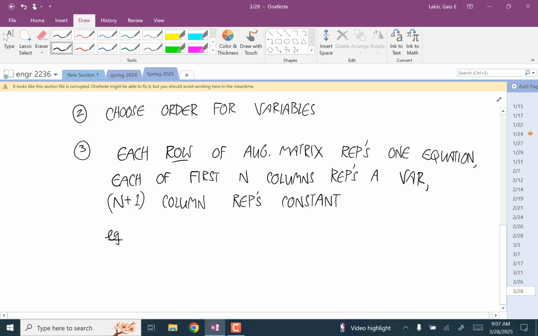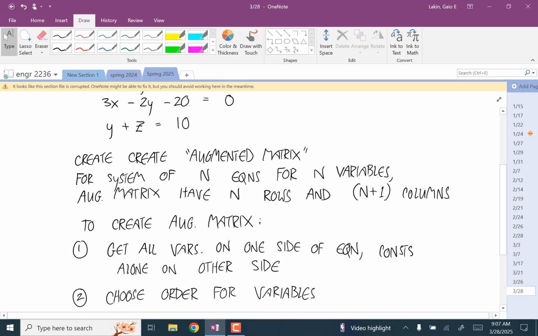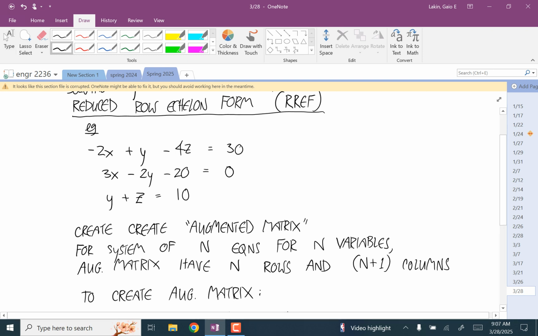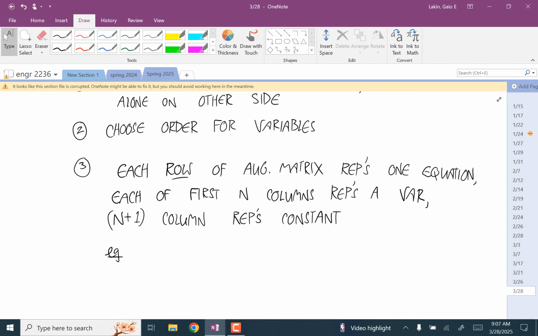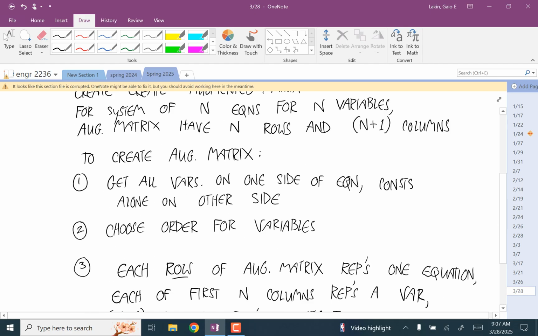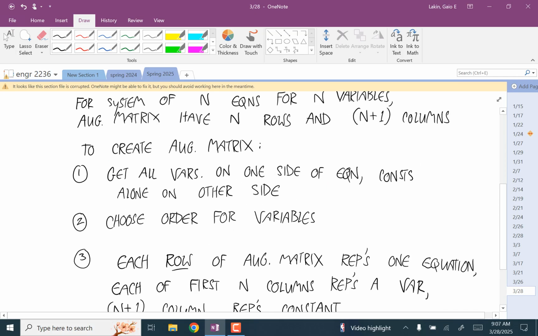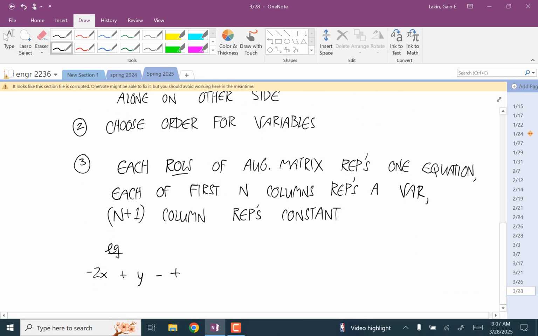So for the example above, these are 3 equations. First, I'm going to make sure that the variables are on one side and the constants are all on the other side. There's only one of these that we have to adjust. So this is going to be negative 2x plus y minus 4z is equal to 30.